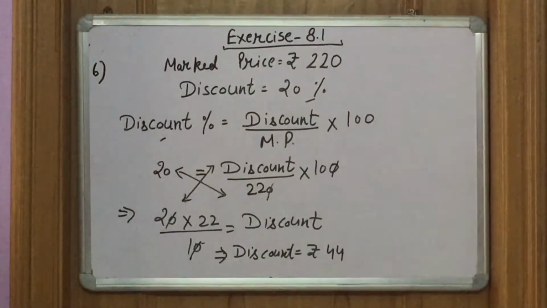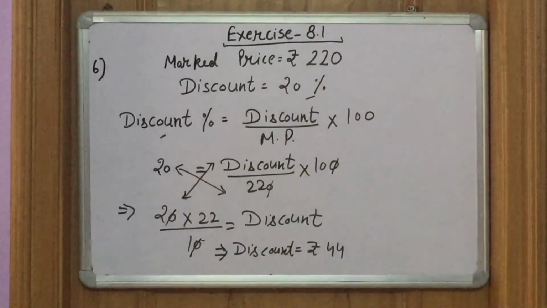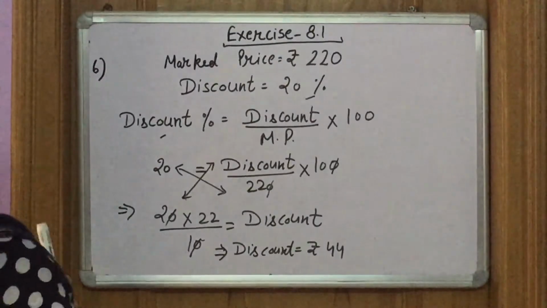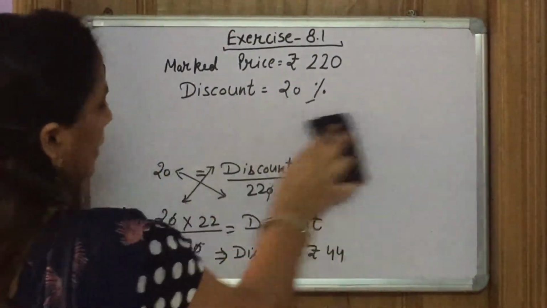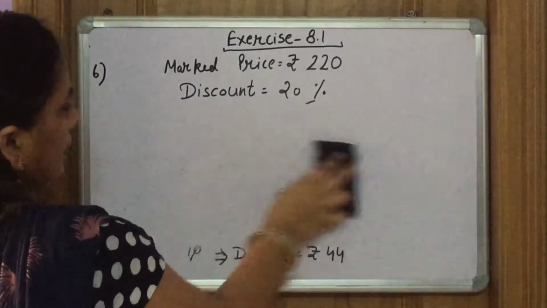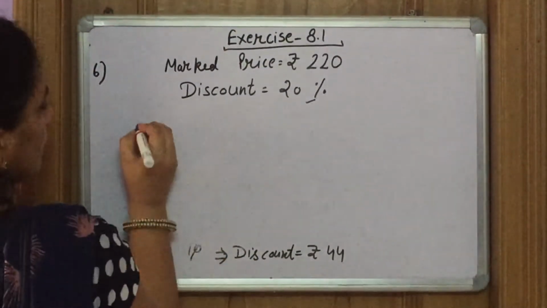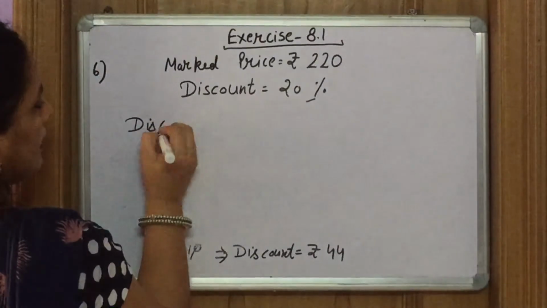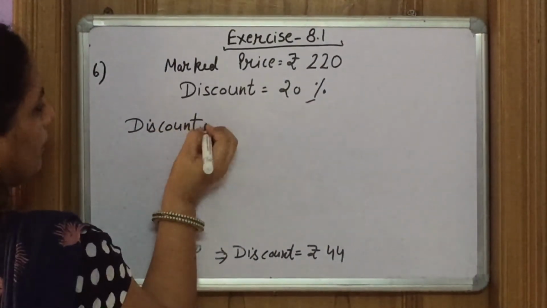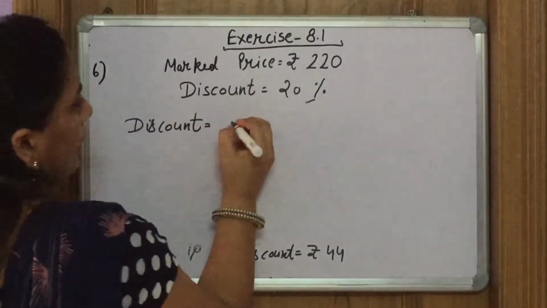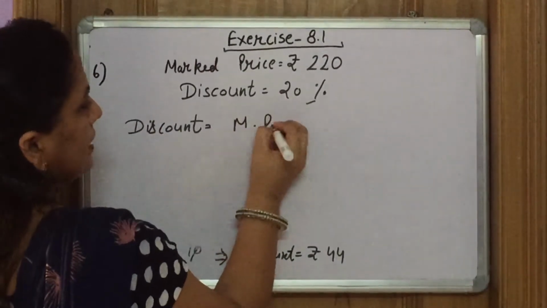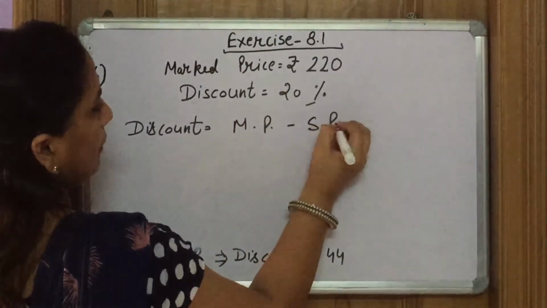So this is our first answer. Next we have to find out in the same question selling price. And we know the formula, next formula of the discount is discount equal to mark price minus selling price.